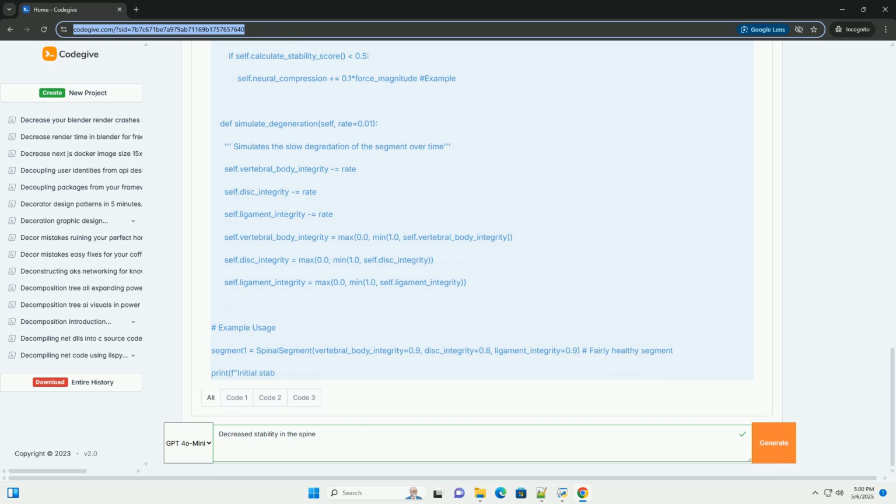Decompression: removal of bone or other tissue that is compressing the spinal cord or nerve roots, for example laminectomy, foraminotomy, discectomy. Often performed in conjunction with spinal fusion. Spinal stabilization with instrumentation: using screws, rods, and other implants to stabilize the spine without necessarily fusing the vertebrae.